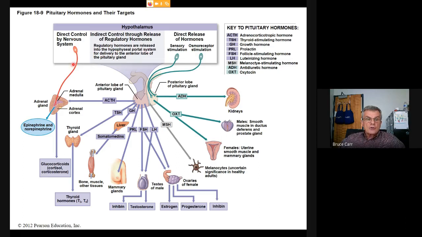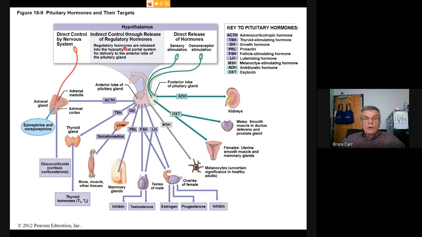Here's the direct control to the adrenal gland, where the hypothalamic action on the adrenal medulla is actually only one of the responses of the sympathetic nervous system. Here we have adrenocorticotropic hormone acting on the cortex to produce and enhance these effects.